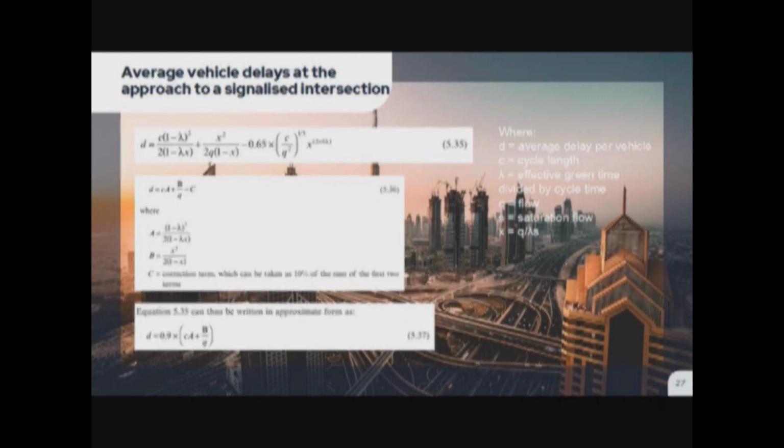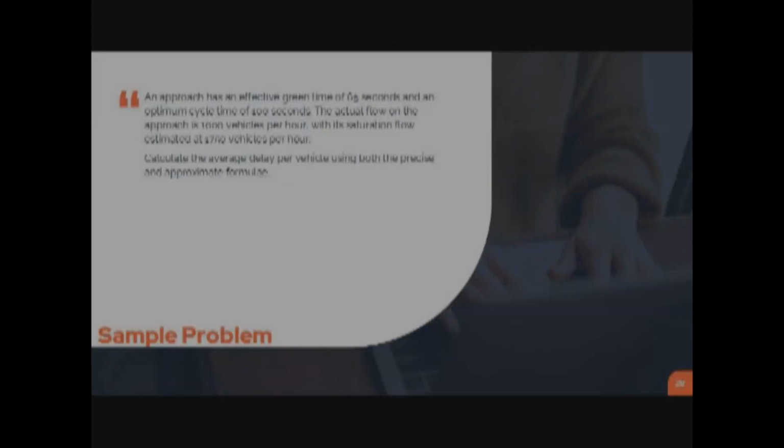The correction term can be taken as 10% of the sum of the first two terms. So equation 5.35 can thus be written in approximate form as D is equal to 0.9 times (C times A plus B over q). And this will be our equation 5.37.